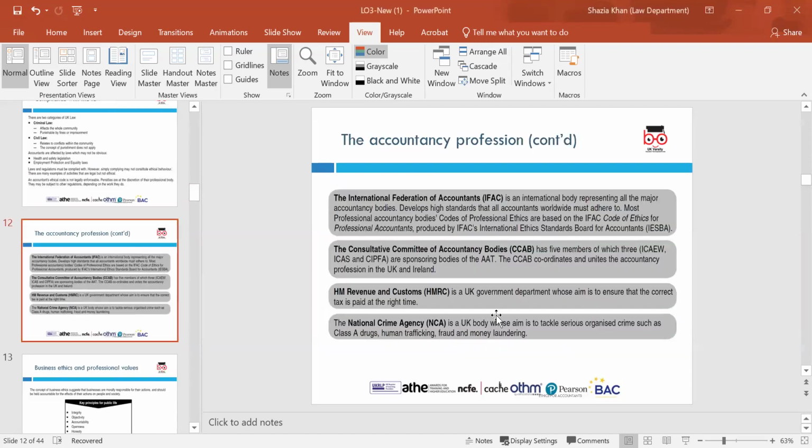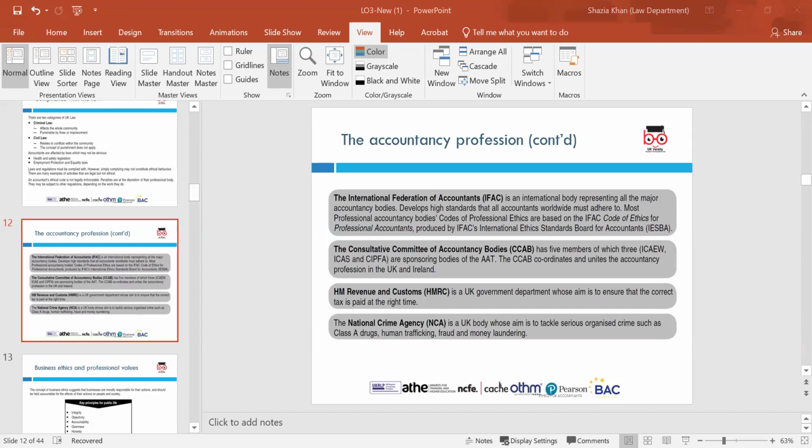In accountancy, they have the International Federation of Accountants, referred to as the IFAC, an international body that represents the ethical codes for professional accountants.